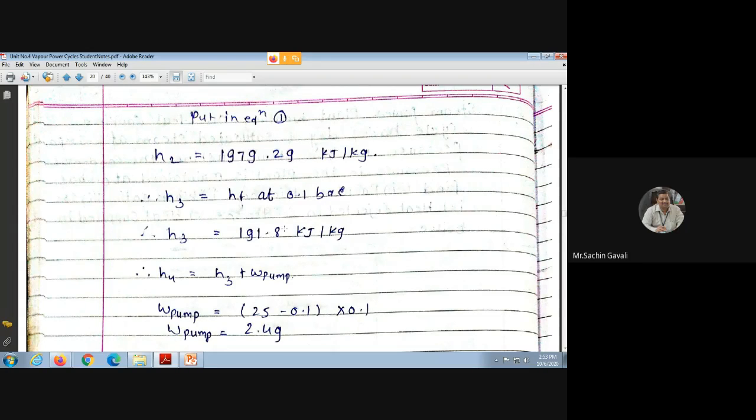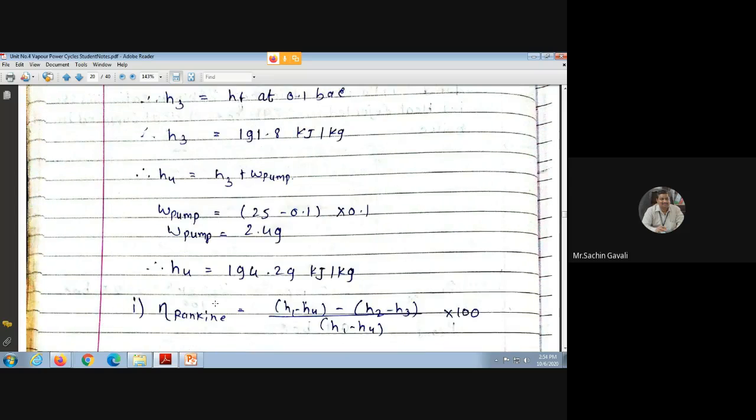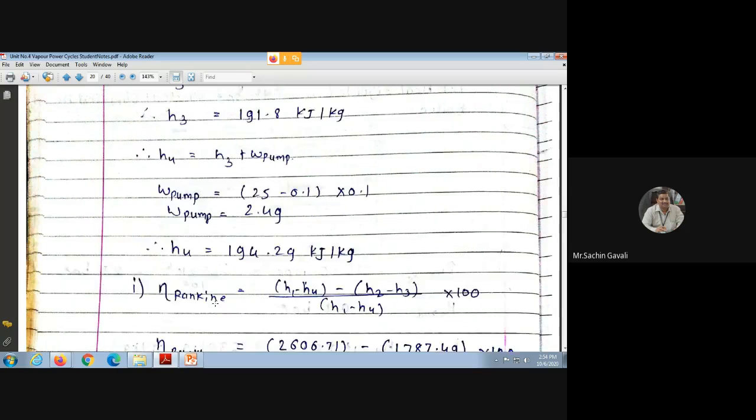Then pump work: H4 is equal to H3 plus W pump, and W pump is equal to boiler pressure in bar minus condenser pressure in bar, into 0.1. W pump is coming as 2.49, and H4 is coming as, if you add H3 to that, 194.29 kilojoule per kg.